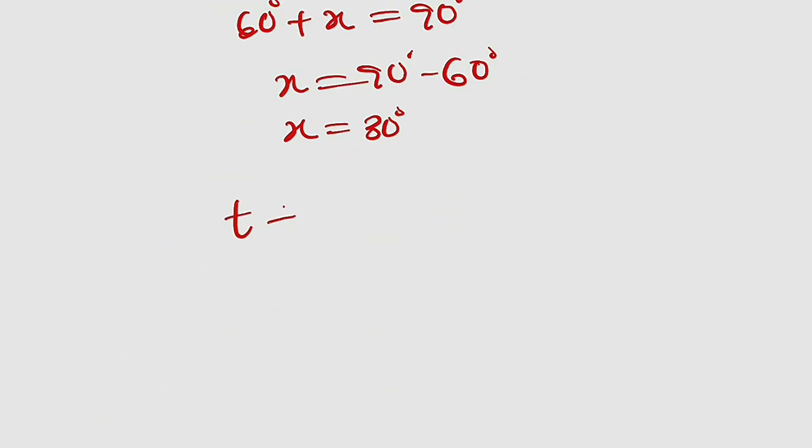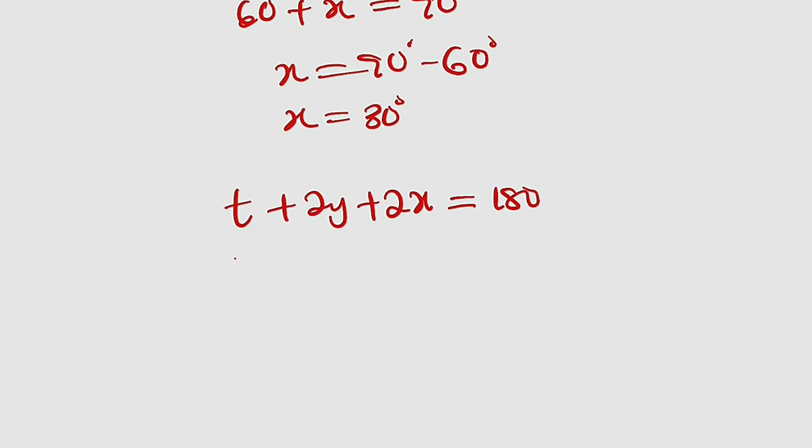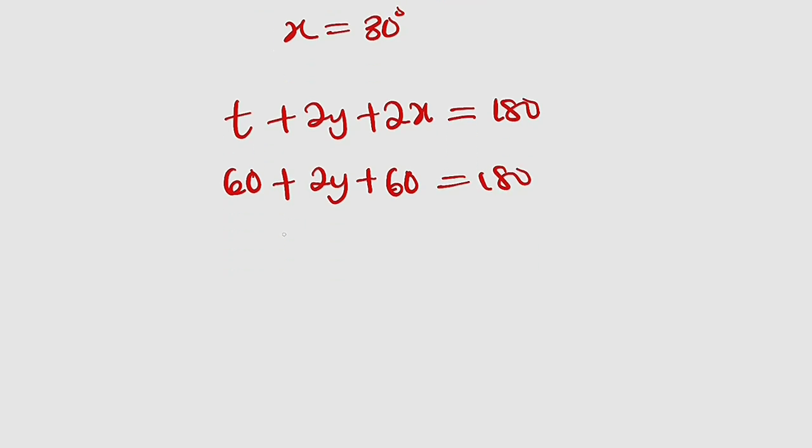So t plus 2y plus 2x, that is equal to 180 degrees. But what is t? Remember, t is equal to 60. We have 60 here plus 2y plus, what is 2x? If x is 30, 2x will be 60. And this is equal to 180 degrees.